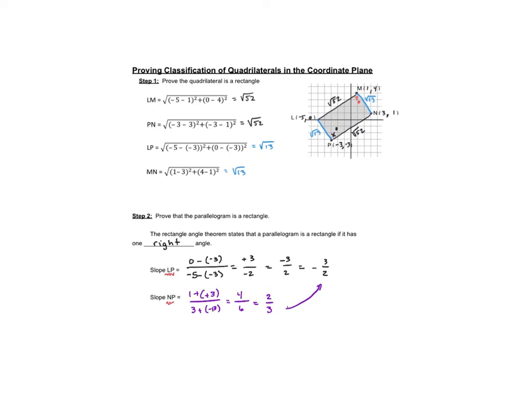So these two turn out to be opposite reciprocals. Therefore, we do have the definition of 90 degrees, right? They intersected perpendicular. So yes, this turns out to be a 90-degree angle. So we do have a rectangle.